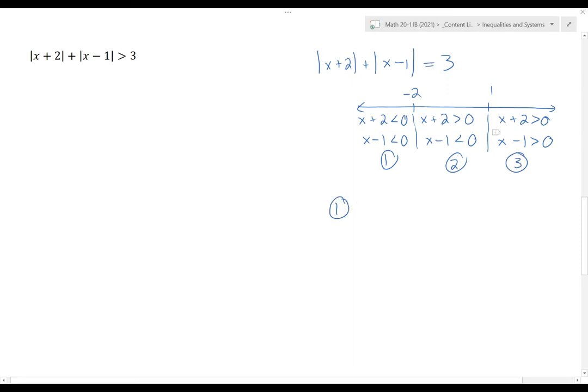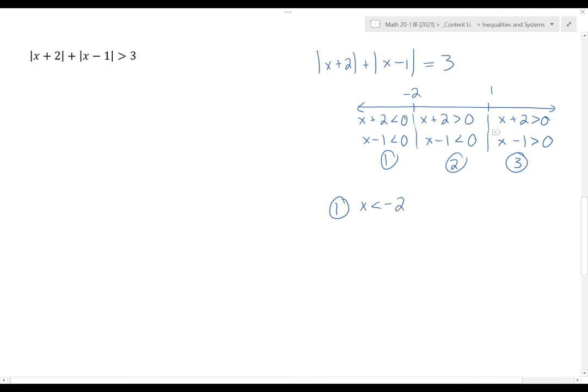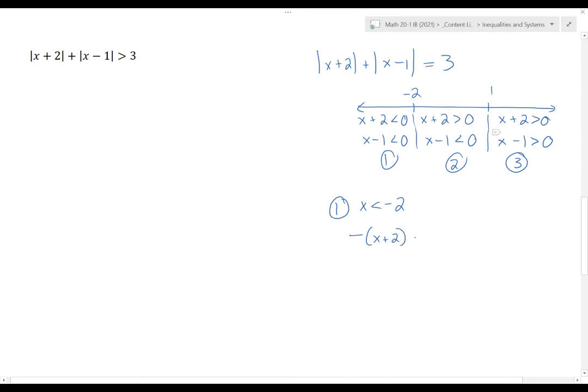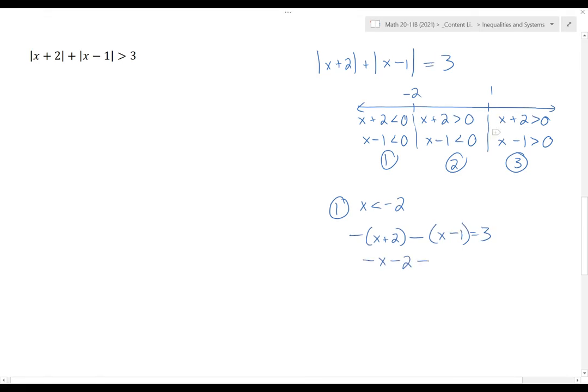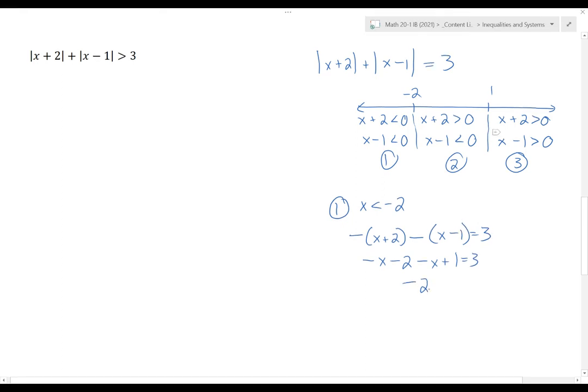Equation 1, this is for the domain x is less than negative 2. So I'm solving the opposite of x plus 2 plus the opposite, so in other words minus x minus 1 equals 3. So negative x minus 2 minus x plus 1 equals 3, which means negative 2x equals 4.